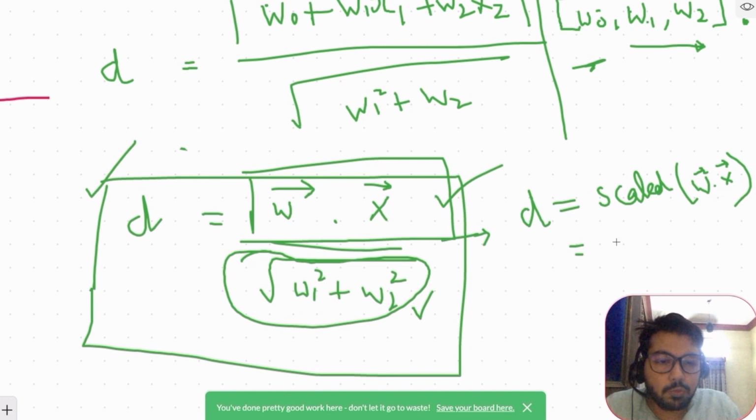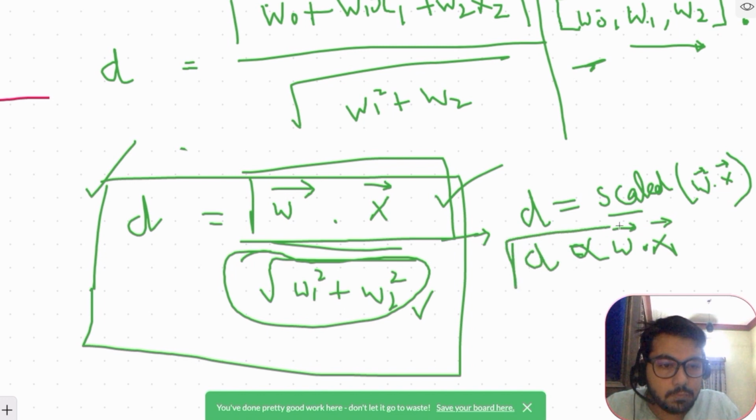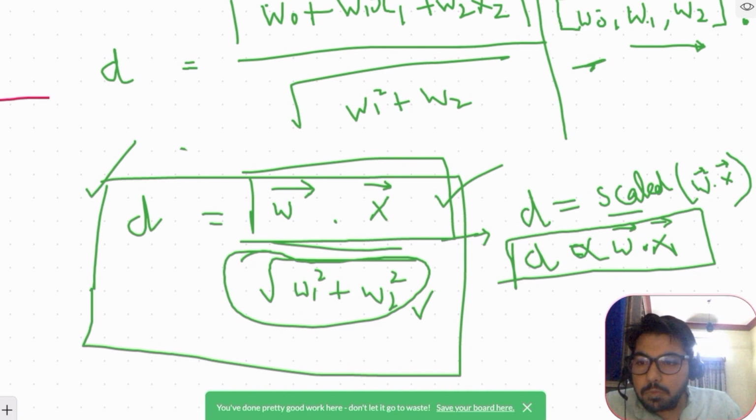If we ignore the scaling part, we can say the distance is more or less proportional to these two components. Just try to remember this equation.